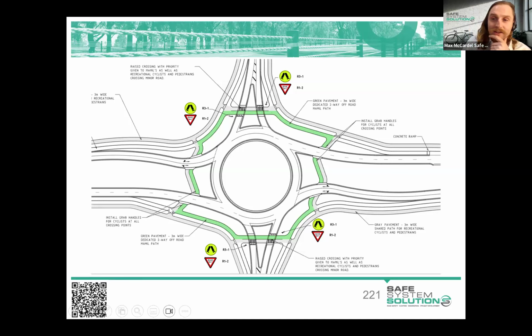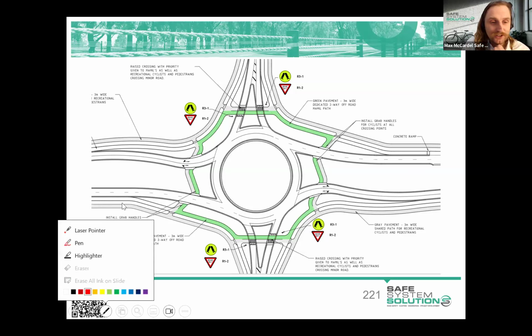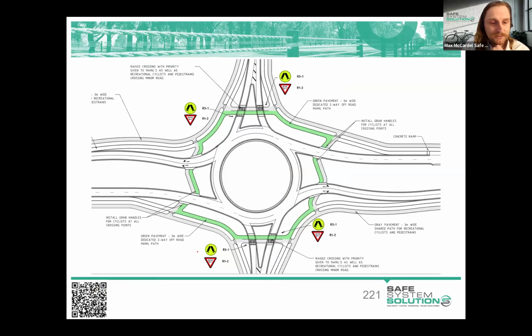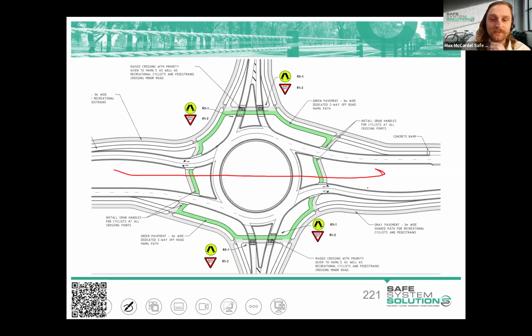But what I wanted to do with this example is just a bit of a demonstration. I'll go back, just swapped over there. And if I was looking at this for the first time, I would immediately assume that the east-west leg is a high movement corridor.